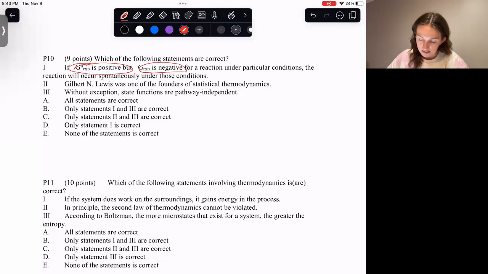So the conditions that it's talking about are the non-standard conditions. So if delta G is negative under those non-standard conditions, will it be spontaneous or not spontaneous?